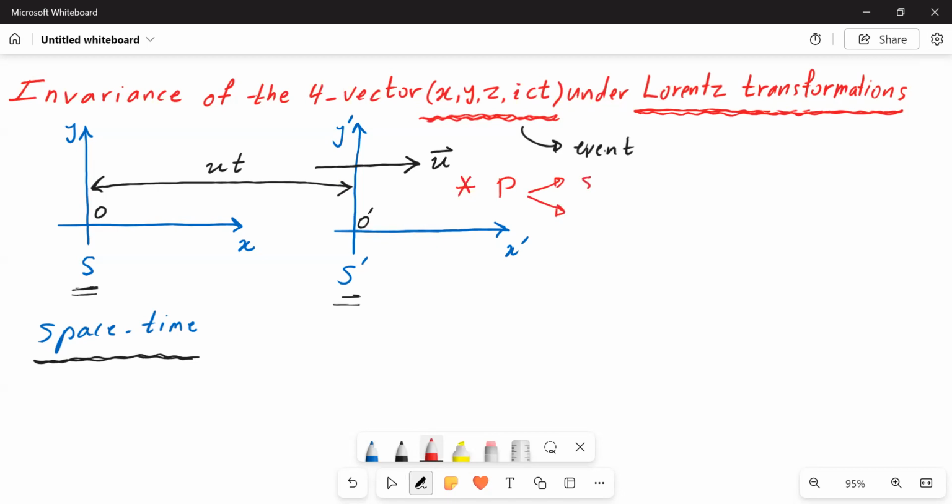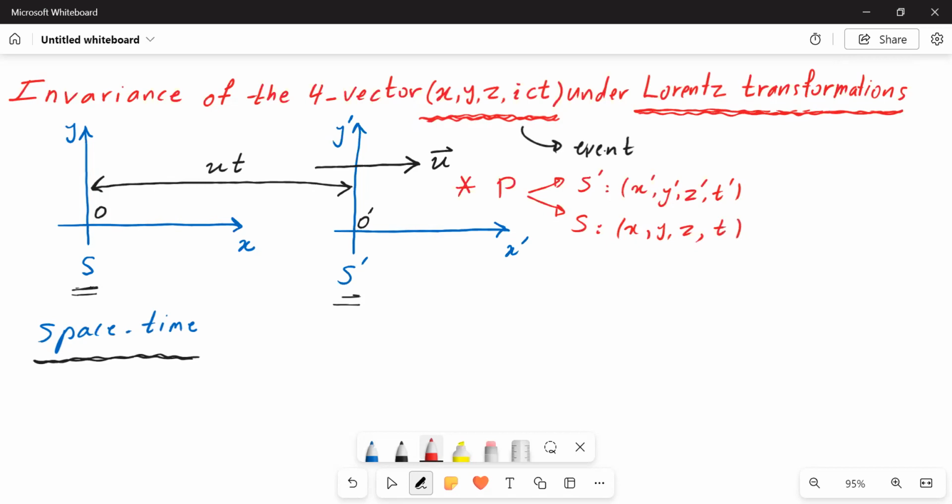From the perspective of the observer in S prime, the event takes place at the horizontal coordinate X prime, vertical coordinate Y prime, and then the third dimension Z prime, and a time T prime. From the perspective of the observer in S, he or she would register the coordinates of the event P as X, Y, Z, and T.